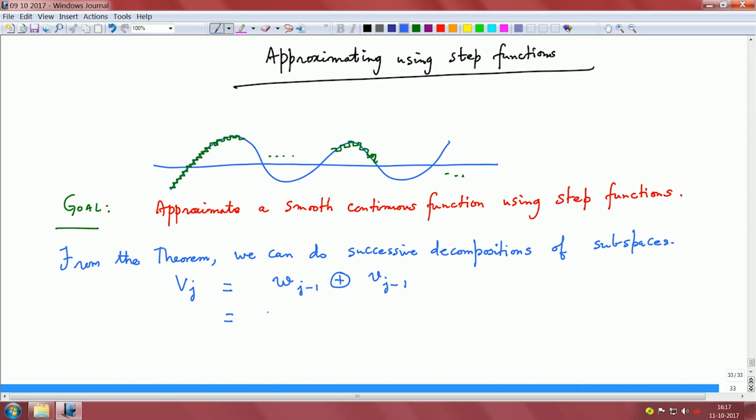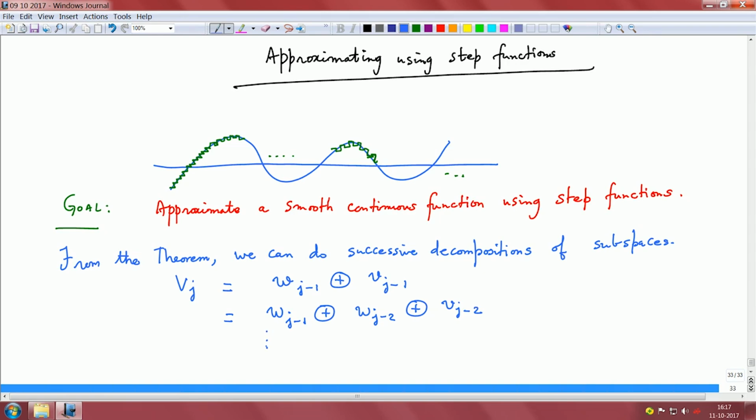So, I keep Wj minus 1 the way it is. I now decompose Vj minus 1, that can be written as Wj minus 2 direct sum with Vj minus 2, and now you get a trend.